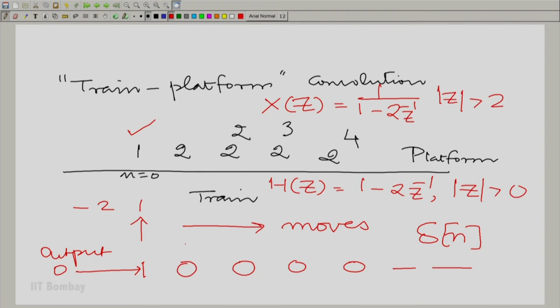Whereas, if you consider the output y equal to x convolved with h, then Y(z) is 1, and the region of convergence is all z. It is the impulse, can you see that? So, here the region of the intersection was essentially mod z greater than 2, but the output convolution had a region of convergence all over the z plane. The region of convergence expanded beyond the intersection.